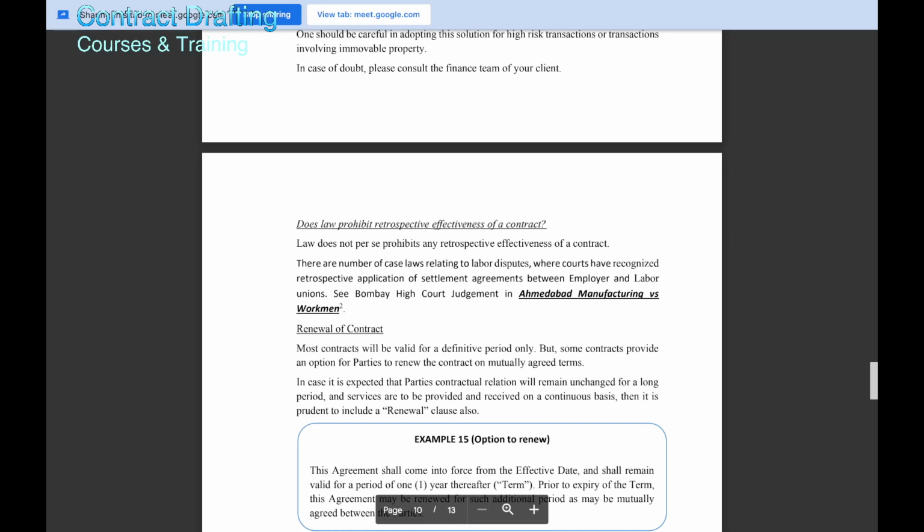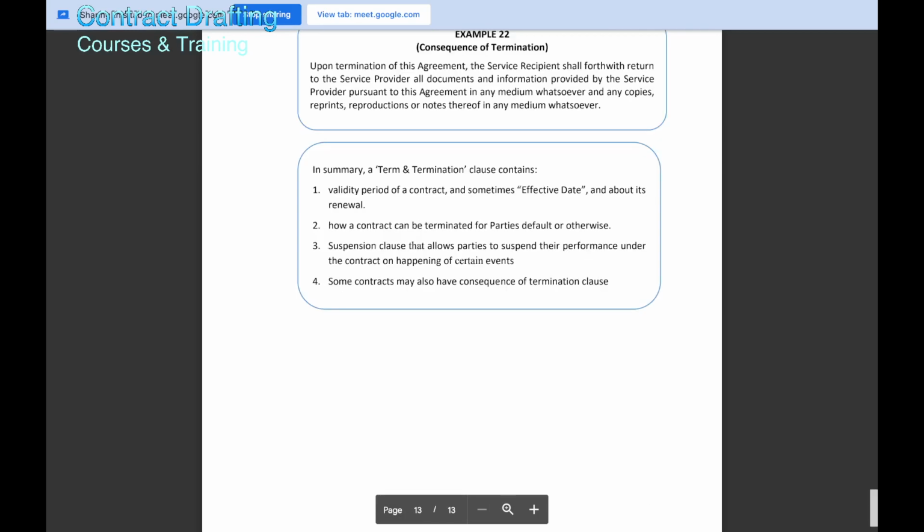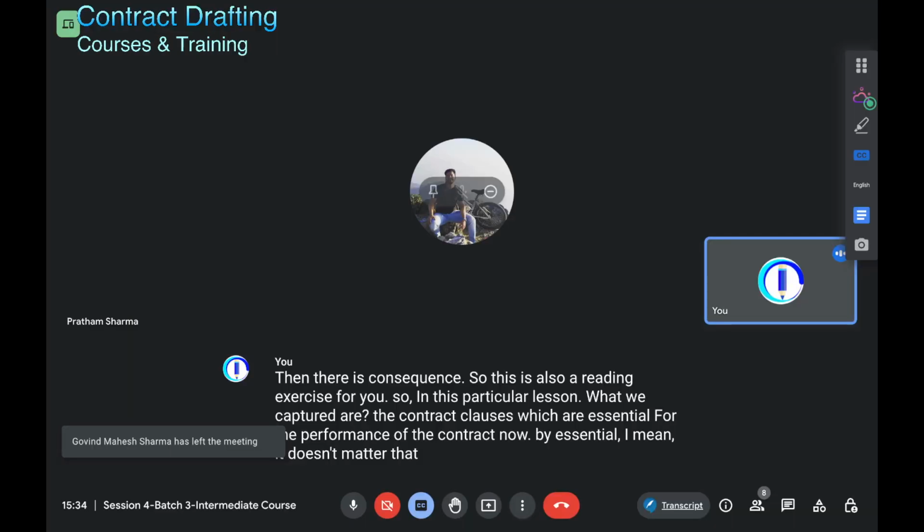In this particular lesson, what we captured are the contract clauses which are quite essential for the performance of the contract. Now, by essential, I don't mean that the other types of transaction clauses are not so important.